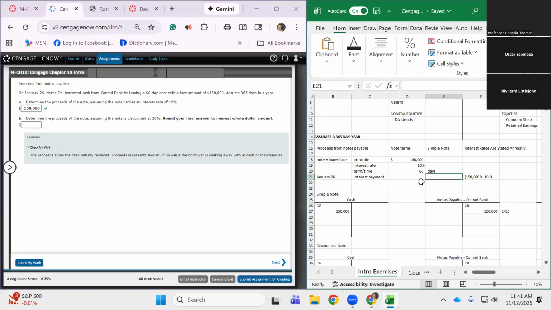So the interest payment that we're going to calculate is going to be 150,000, which is the loan, times the interest rate. And now here comes the time. The time is what I manipulate. We're going to say 60 days over 365.